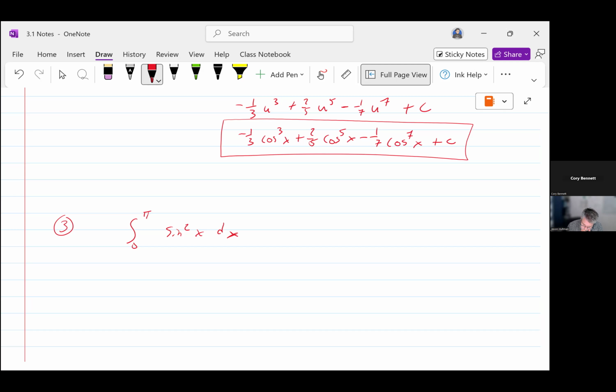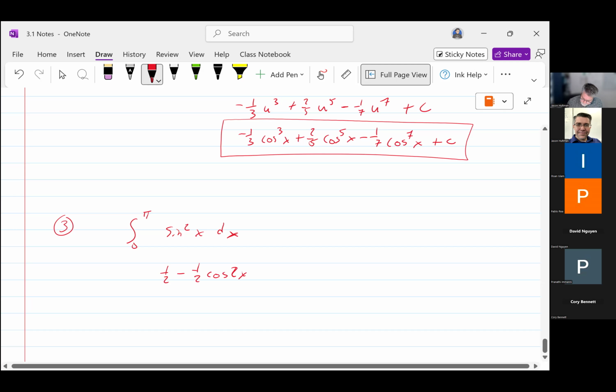This I can turn from a power into something linear by using the half angle identity. The power of sine here is even, so we could turn this into 1/2 minus 1/2 cosine 2x dx from 0 to pi.